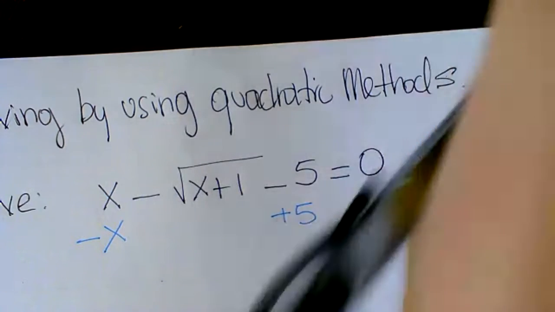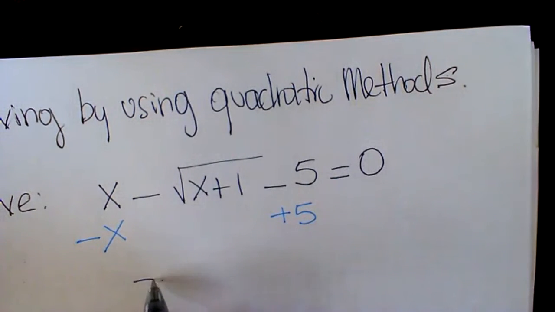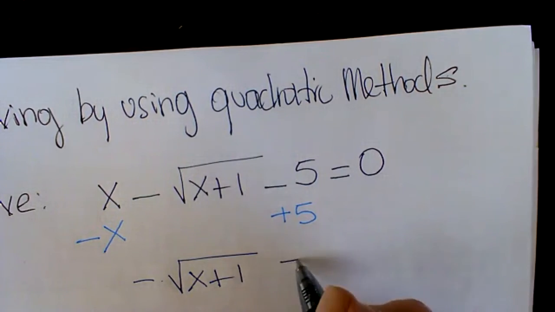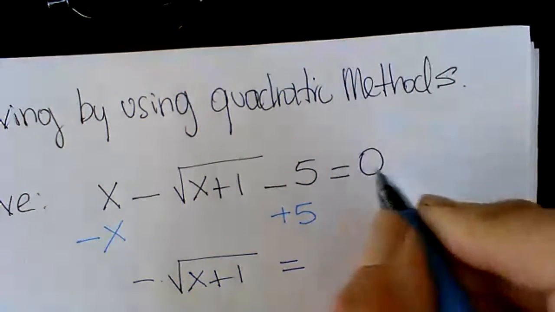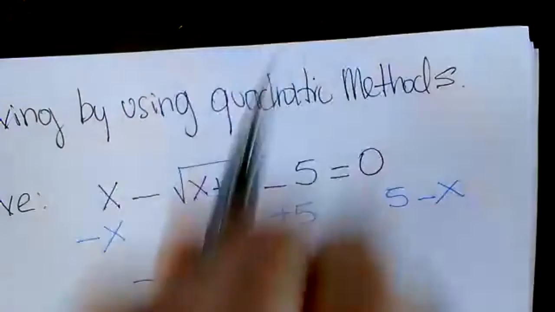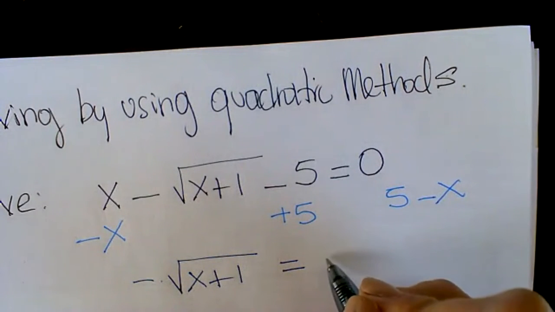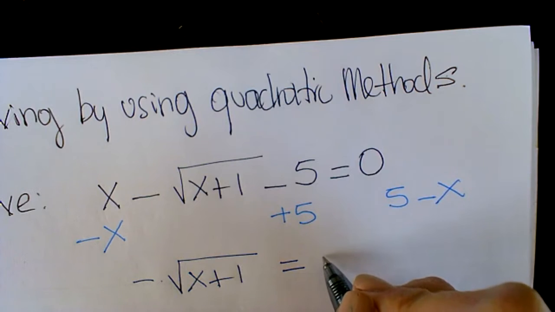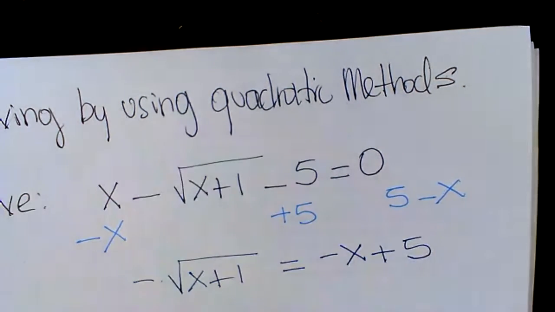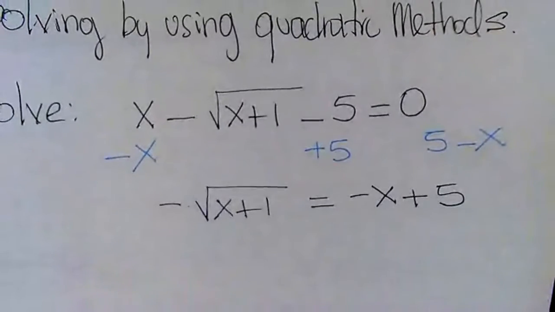So when I do that, I get negative x plus 1 and it's equal to 5 minus x over x plus 5, right?